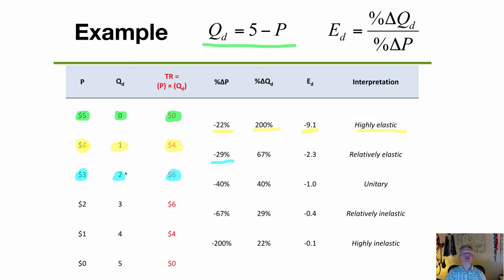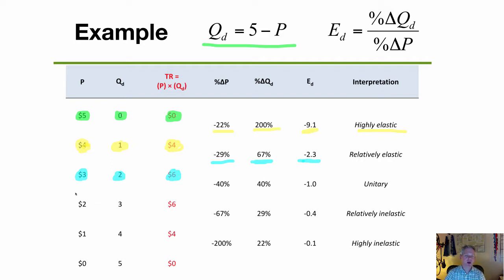The quantity demanded goes from 1 to 2, which is a 67% change in the quantity demanded. When we plug these two into the elasticity formula, we get negative 2.3. So it's relatively elastic. Remember, more negative than negative 1 is more elastic.